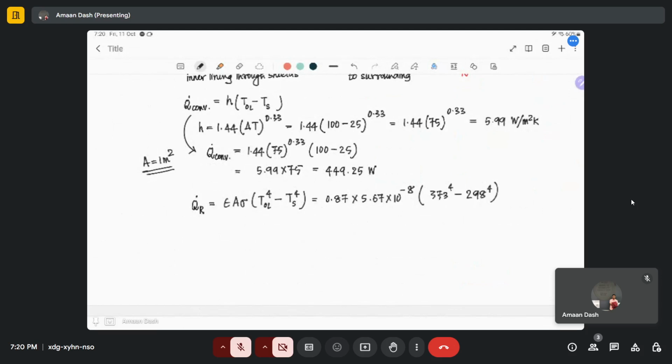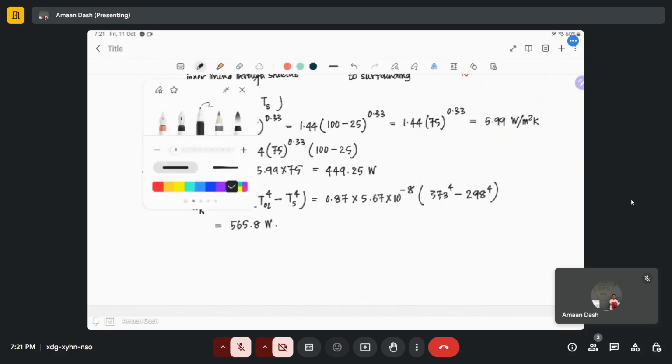Now we have another term, that is Q dot of R, the heat loss by radiation. So let us calculate that as well. Q dot of R is nothing but emissivity epsilon times A times sigma times (T outer lining to the power of 4 minus T surrounding to the power of 4). Actually I have written it wrong.